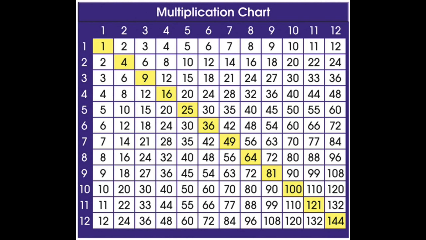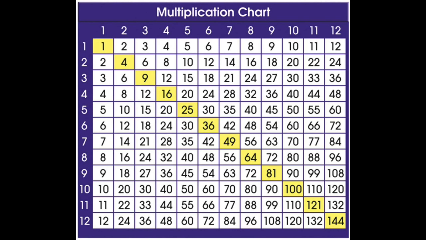And another thing I want you to notice is whenever we multiply something by an even number. So, for example, an even number could be 2, right? That's an even number. Anything multiplied by an even number is going to have an even product. So 2 times whatever, it's going to be an even number. What's another even number? 4, right?